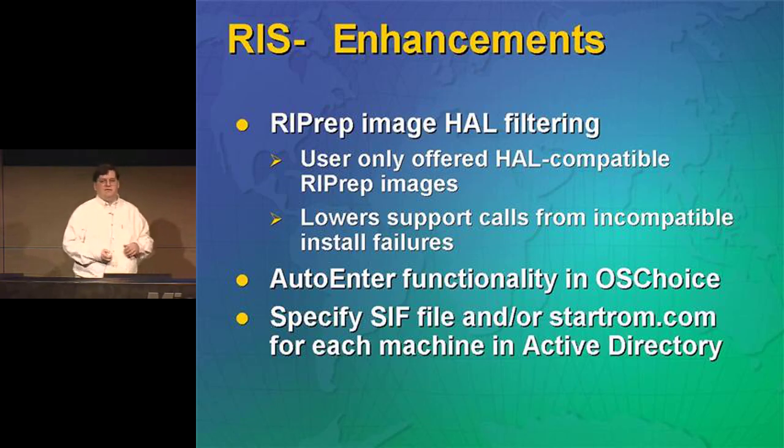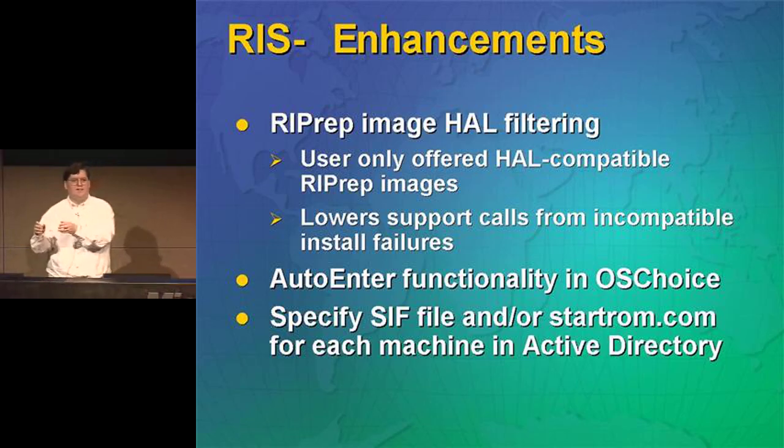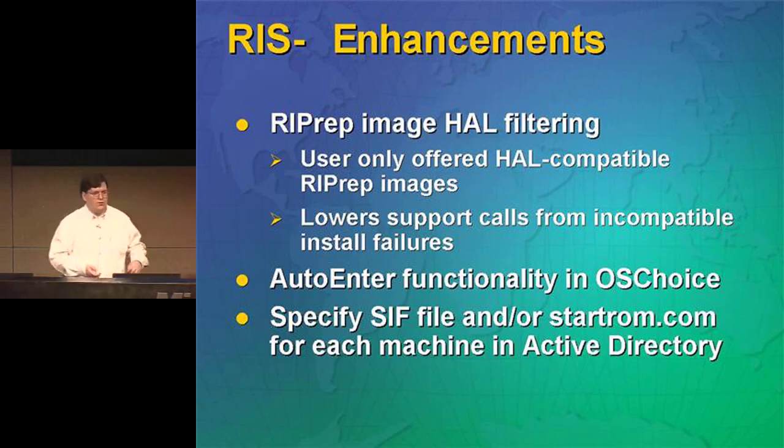So for RIPREP images, when we create the image on the server, we say this was created by an ACPI multiprocessor machine. And that won't ever get applied to a non-ACPI single processor machine, where it would not boot. Hopefully that will lower support calls. We haven't gotten tons of reports for it, but it's just an obvious thing that should be there.